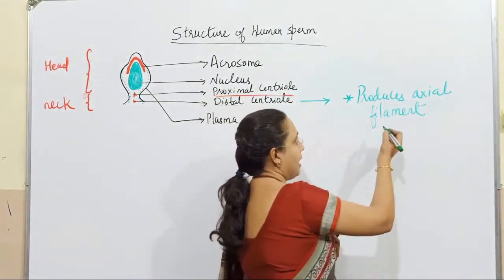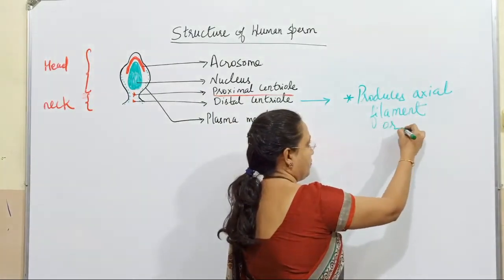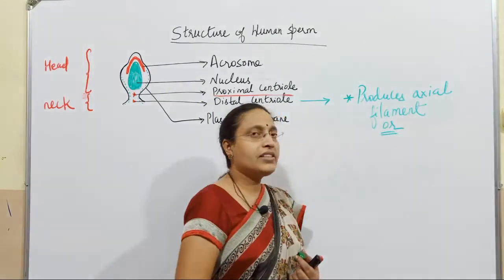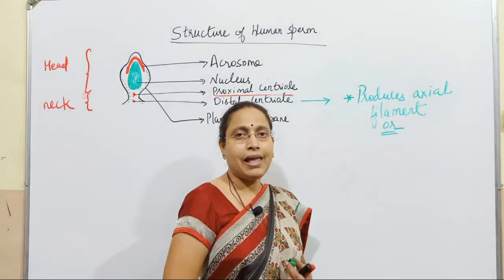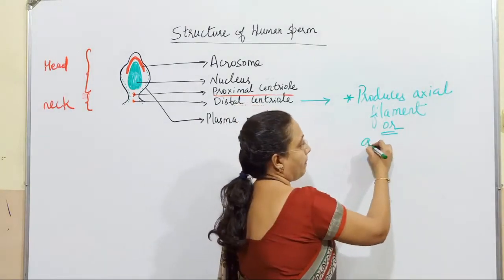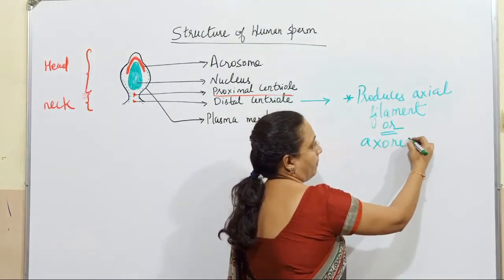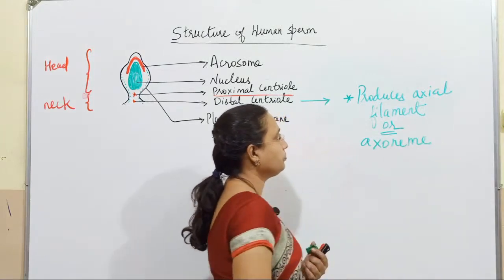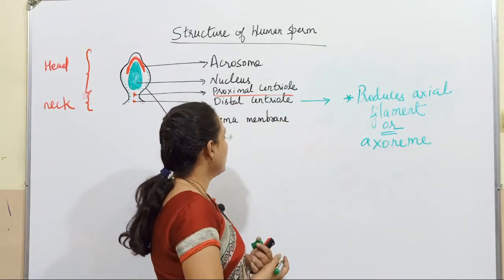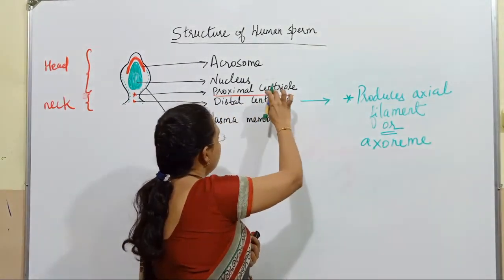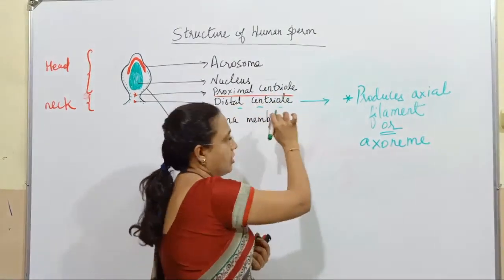It produces the axial filament. The axial filament is also called the axoneme. So that is the function of the distal centriole.